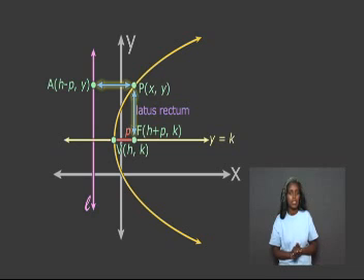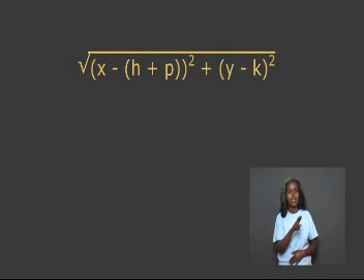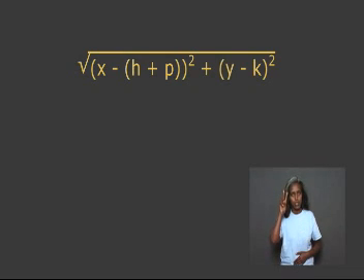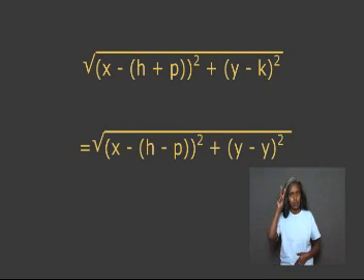Since the coordinates of F are (h plus p, k), and the coordinates of A are (h minus p, y), we get this equation. The square root of (x minus h plus p) squared plus (y minus k) squared equals the square root of (x minus h minus p) squared plus (y minus y) squared.